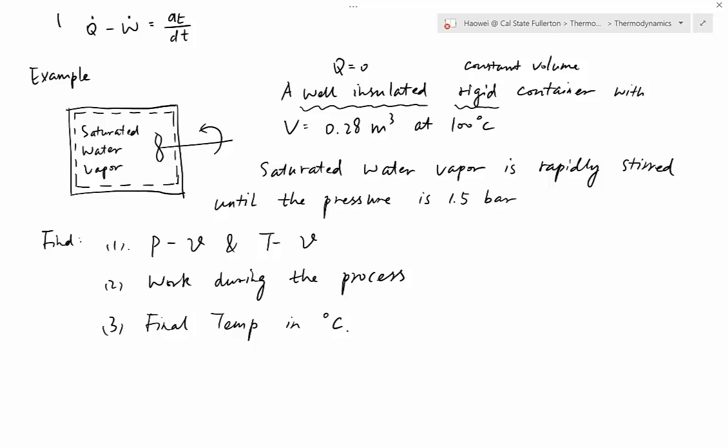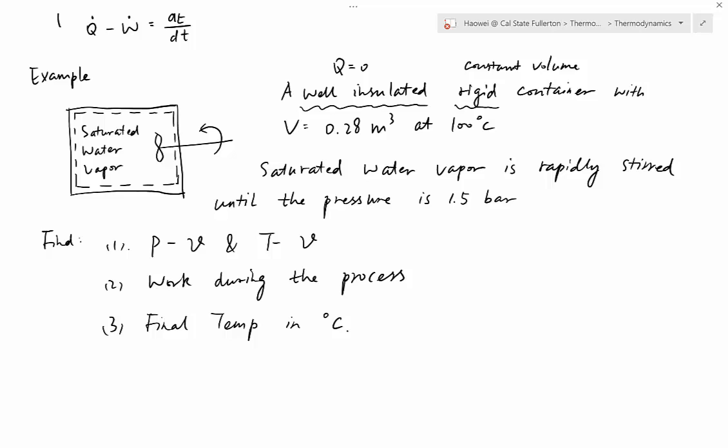What is this paddle wheel essentially doing is to transfer energy from the rotation of the shaft into the water vapor. So this is one way to transfer energy, and it is done by work.